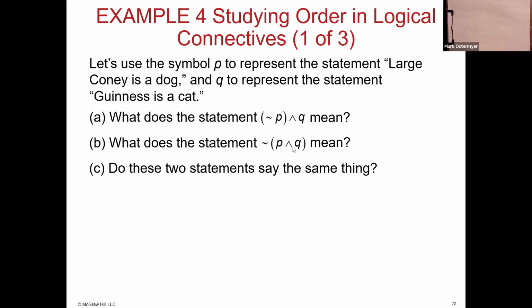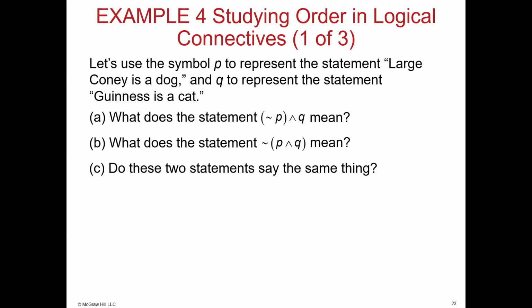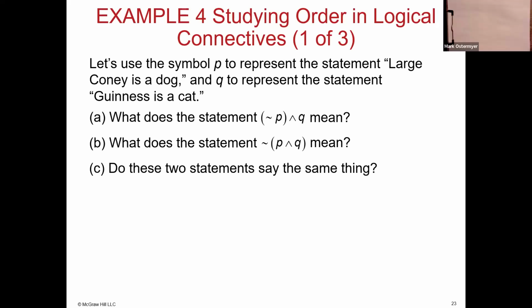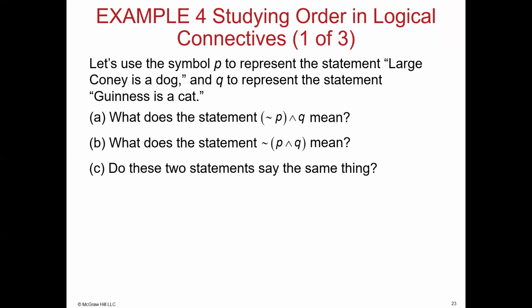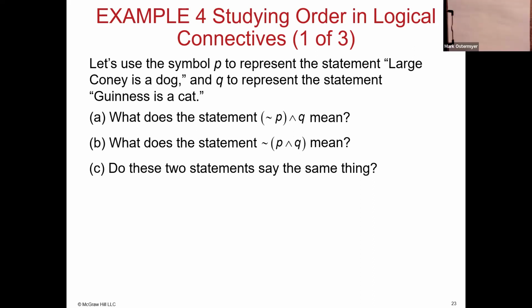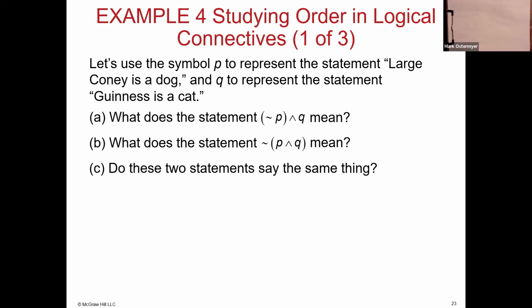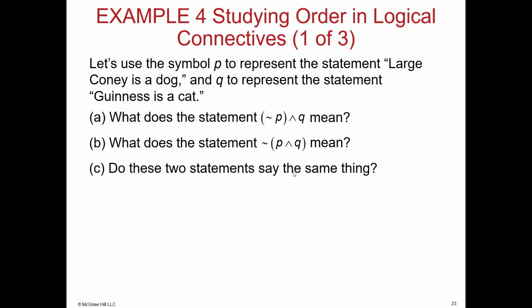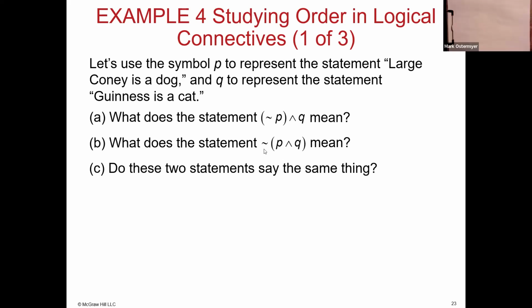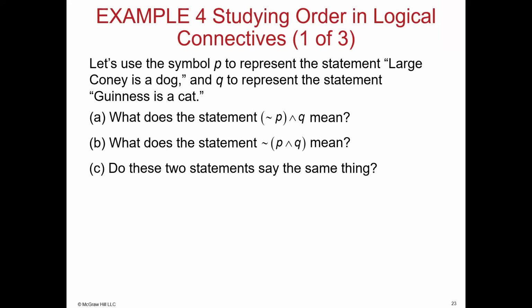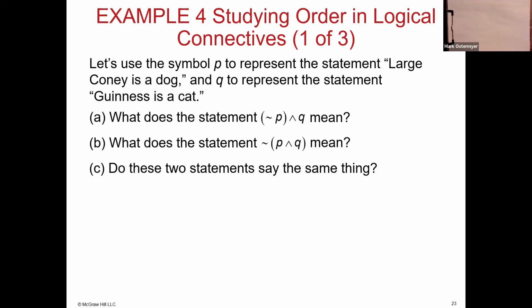That would be a way of saying that. Not P and Q is saying that it is not true that Coney is a dog and what? Guinness is a cat. You agree? It's negating those two simple statements.